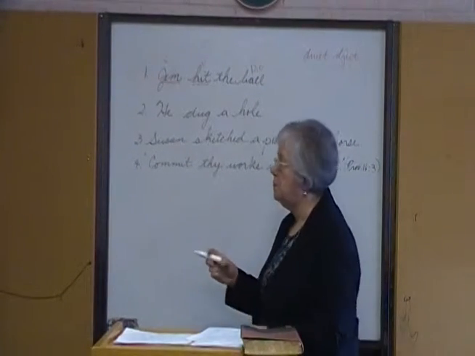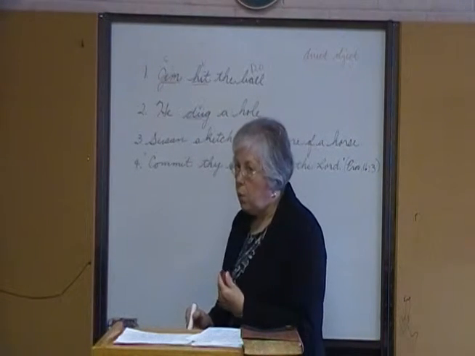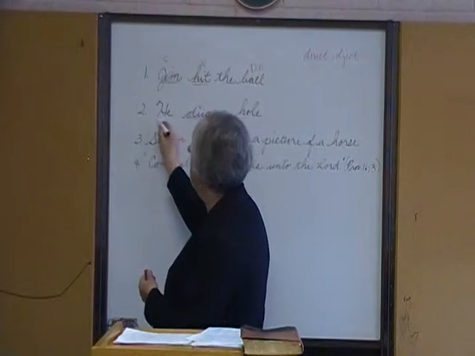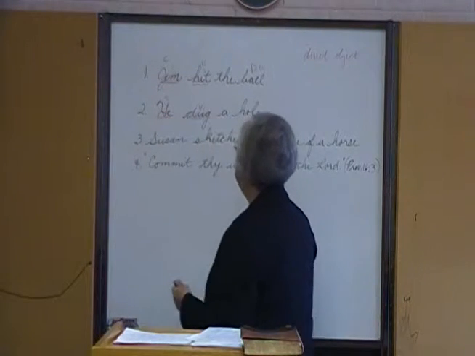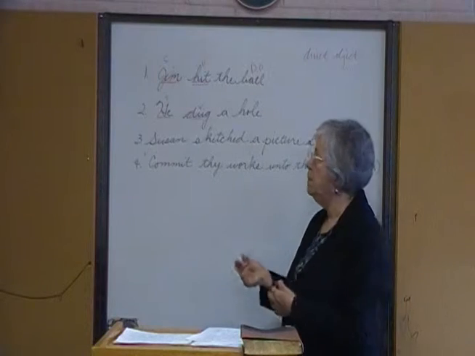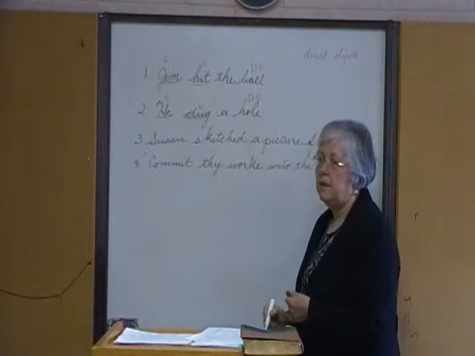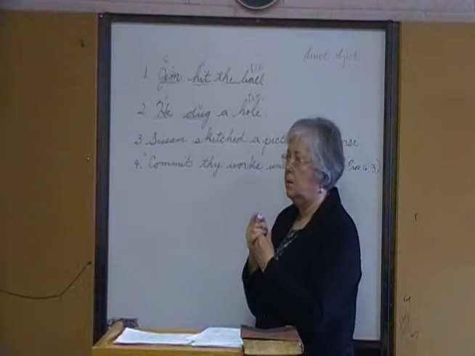All right, number 2, he dug a hole. Well, what's the verb? Dug is the verb. Who or what dug? He. He is the subject. He dug whom or what? Hole. Hole is the direct object. It's receiving the action of the verb.